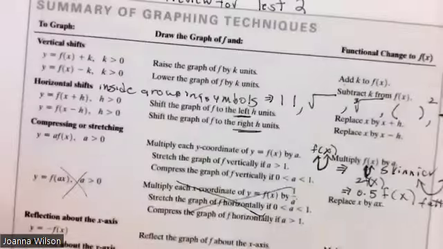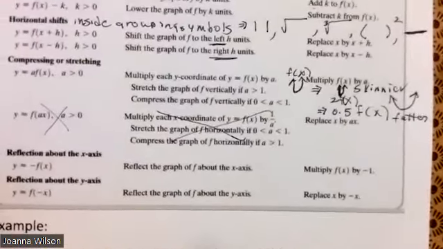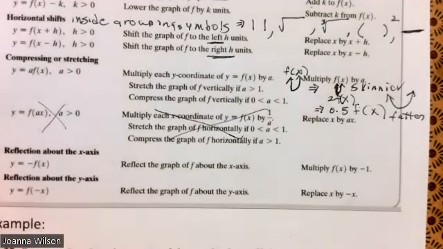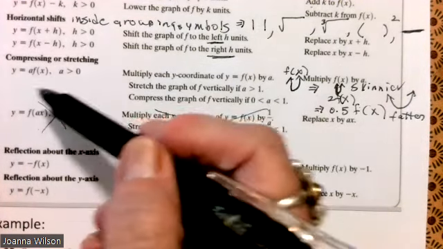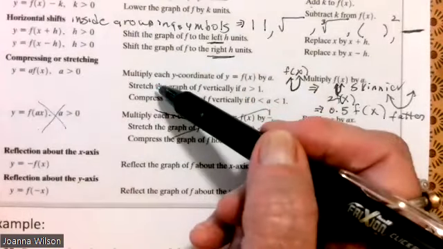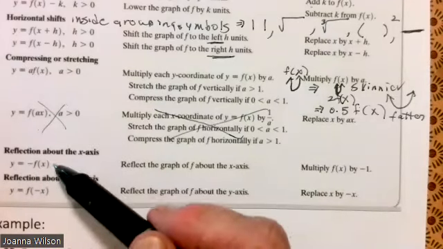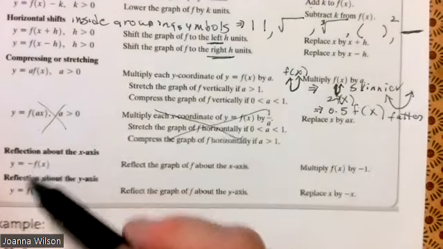If a happens to be negative, and we multiply on the outside of the function times a negative, or actually, they're breaking this up. So this is for the a, which will either stretch it or compress it vertically. This is doing the negative sign.